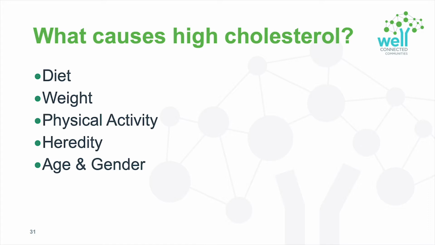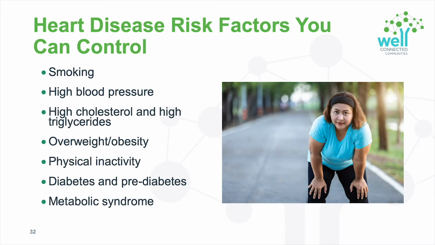Now that we've talked about high cholesterol as a risk factor for heart disease, let's look at some other heart disease risk factors. The heart disease risk factors on this slide probably sound familiar to you. Most of them are similar to the risk factors for high blood pressure and stroke.